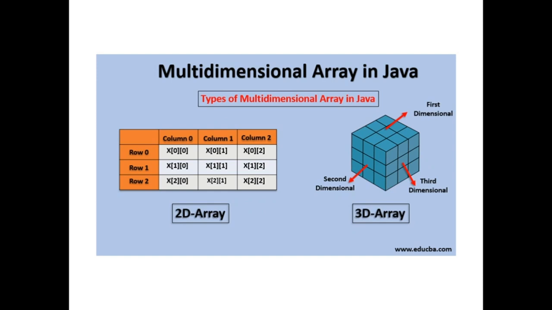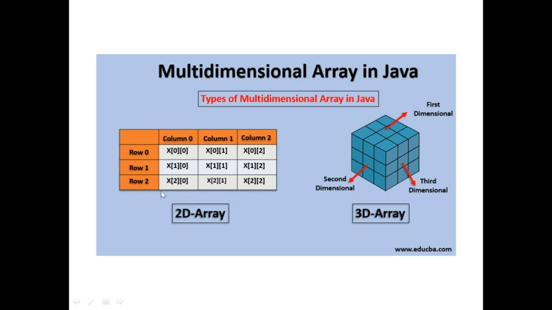Java also has the capability to handle multi-dimensional arrays. How can you do that? All you have to do is initialize your array with double square brackets, and provide the length of its rows and columns.